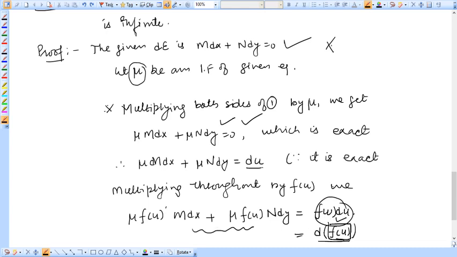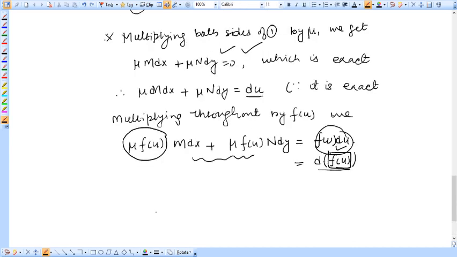Thus we can say mu f(u) is also an integrating factor of the given differential equation 1.